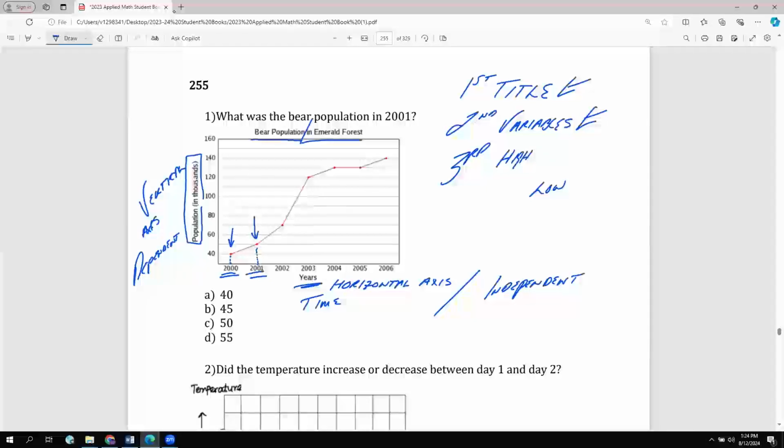So when we talk about 2000, let's say I'm going to say it's January 1 of 2000, just like that mark there, and this indication here is probably also January 1st, 2001.